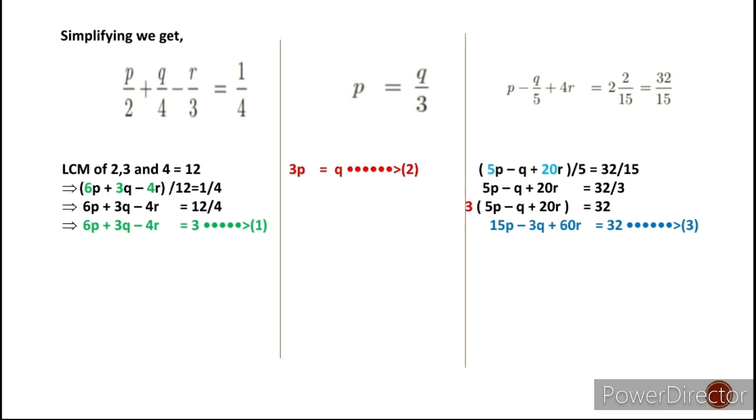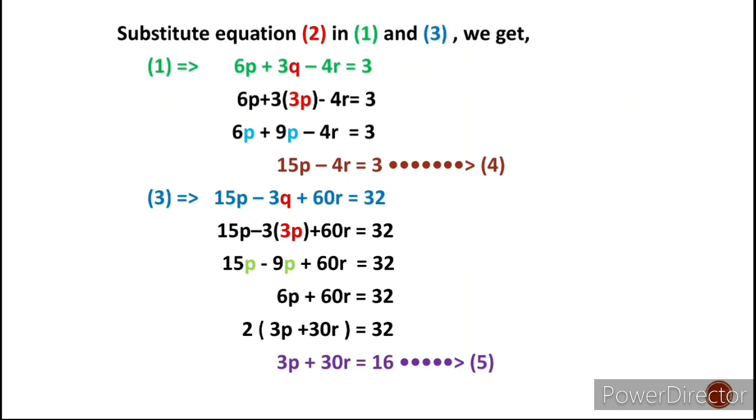So equation 1 implies, I write the equation once again: 6p plus 3q minus 4r is equal to 3.